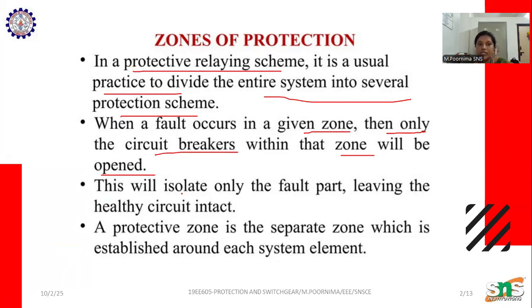This isolates only the faulty part, leaving the healthy circuit intact. The protective zone is a separate zone established around each system element. This is the meaning of a protection zone.